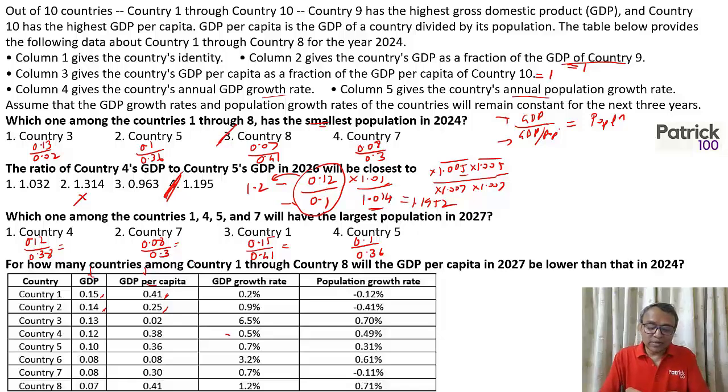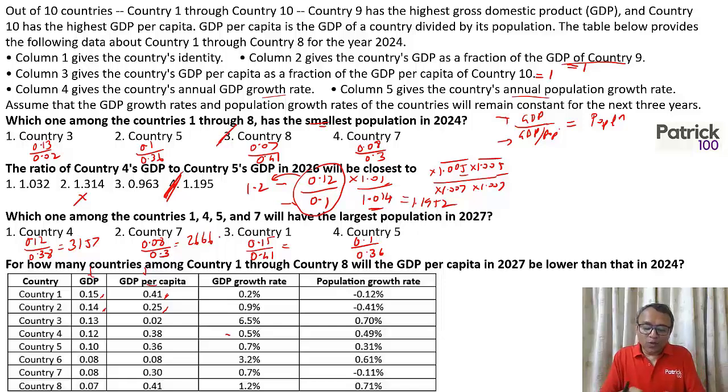If I calculate each of them, I'll just calculate 0.12 divided by 0.38. You will realize that it's 0.3157. I'll take 3157, taking the 4 digits first. If I take 0.08 divided by 0.3, you get 2666.